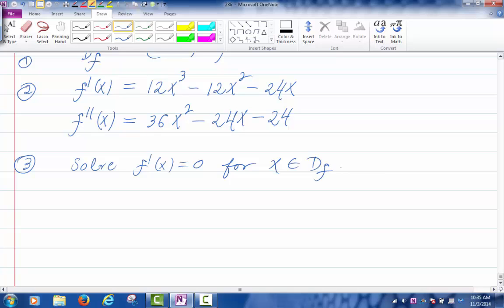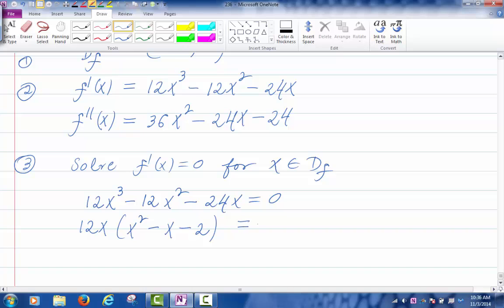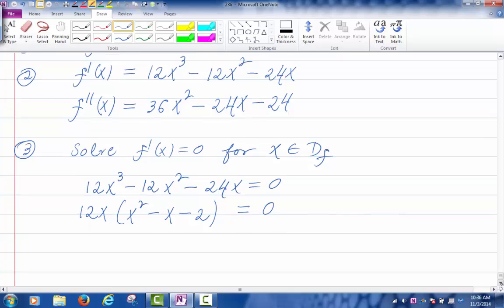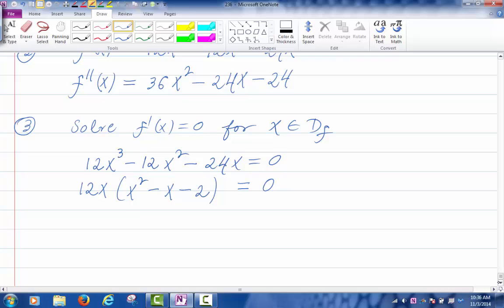Because the first derivative is defined everywhere, you cannot find any value of x where the first derivative doesn't exist. So how do I solve it? Well, 12x cubed minus 12x squared minus 24x equals 0. And then if I factor out 12x, I get x squared minus x minus 2, right? Is everybody okay?